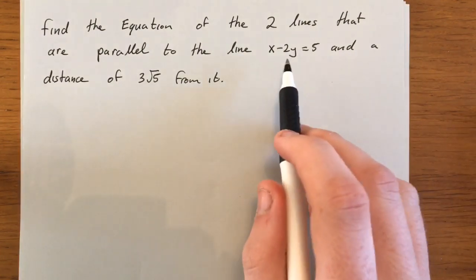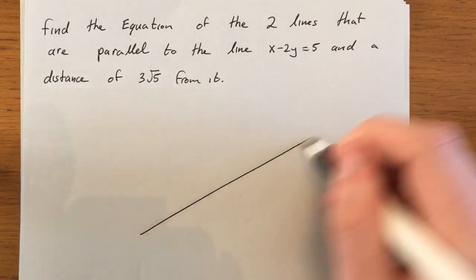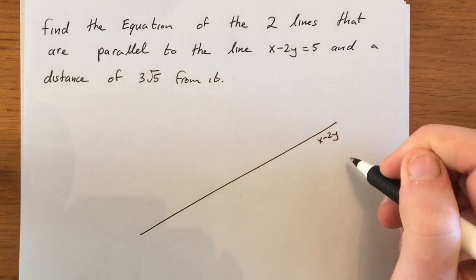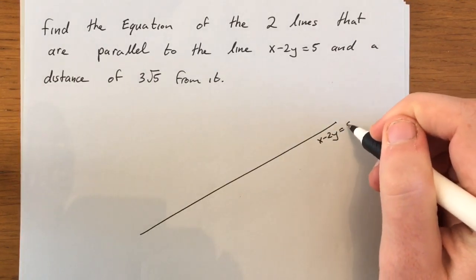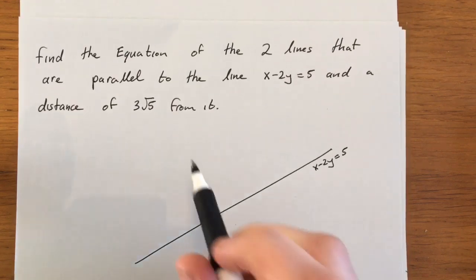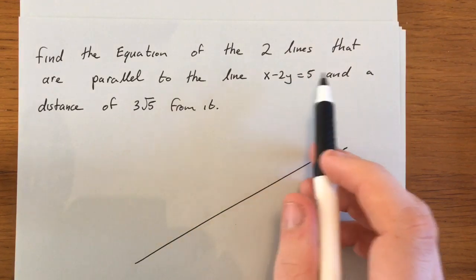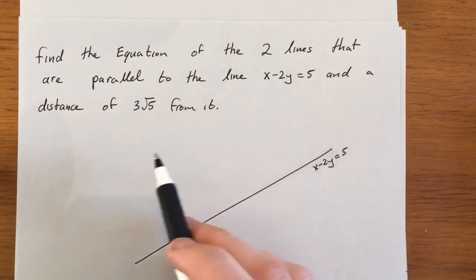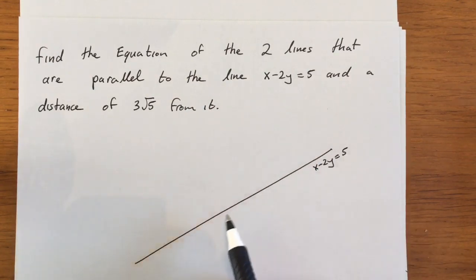So if this is our line here, that is our line x minus 2y is equal to 5. What do we want to do? We want to find the equation of two other lines that are parallel to this line and a distance of 3 root 5 from this line.